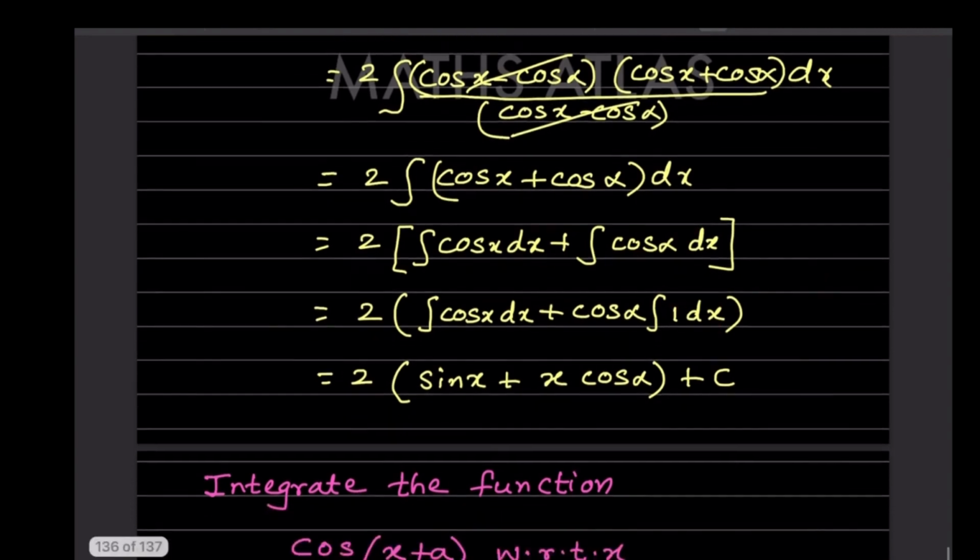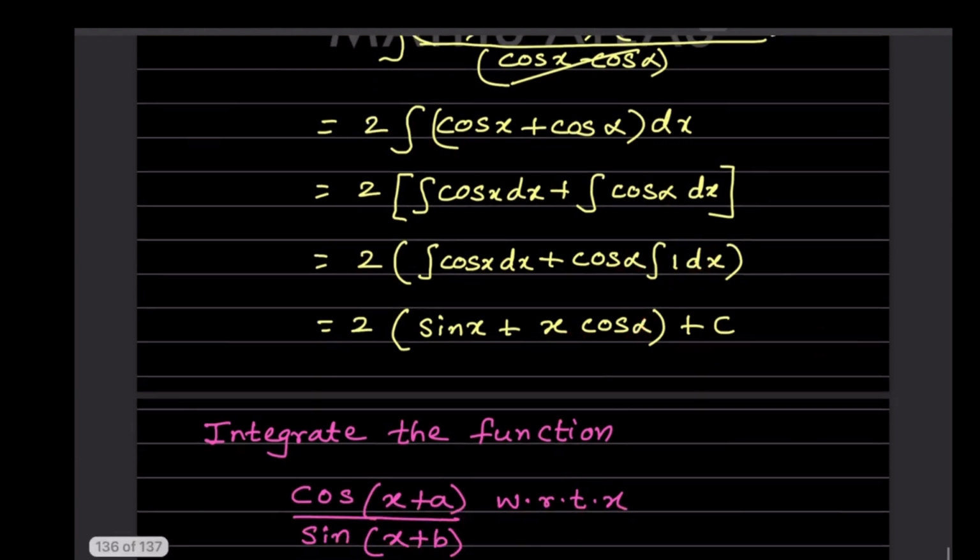So now we have 2 integration of cos x, which is sin x, and this cos alpha is the same here, but integration of 1 dx is x. You can write cos alpha x or x cos alpha, both are the same, plus c. So this is the answer.